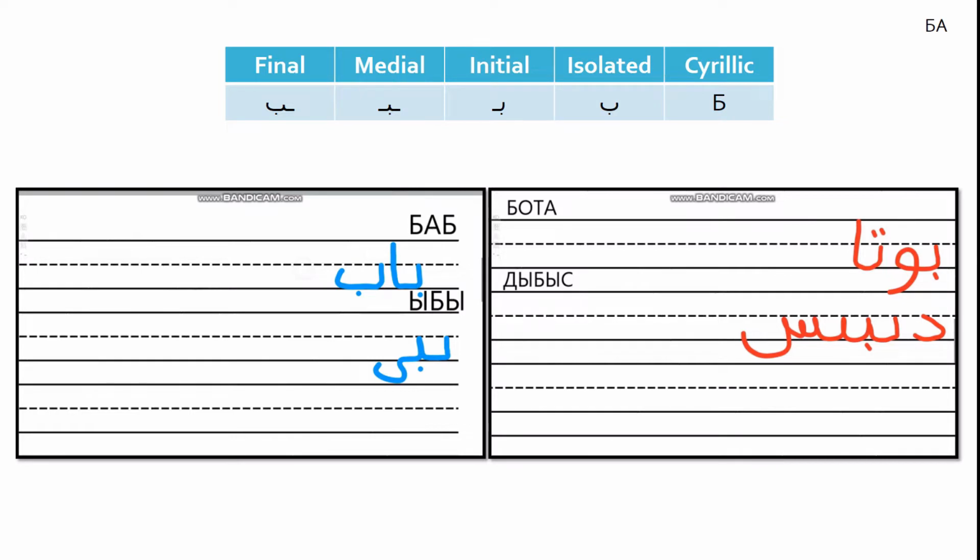The initial and medial forms are essentially the Arabic letter ya, Cyrillic with 1 dot underneath. The isolated and final forms are a little different. Let's take a look.